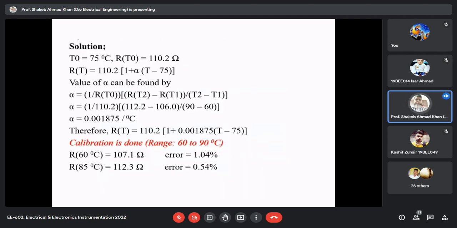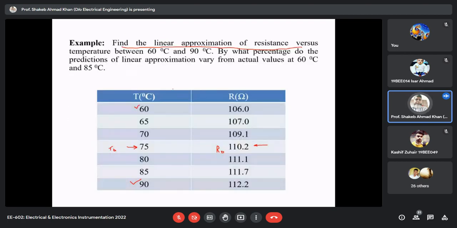I put the values here. Now we have to calculate the alpha, and you know the alpha formula we are already aware of. This is the slope of the straight line. You are assuming that the straight line is passing through these two points.